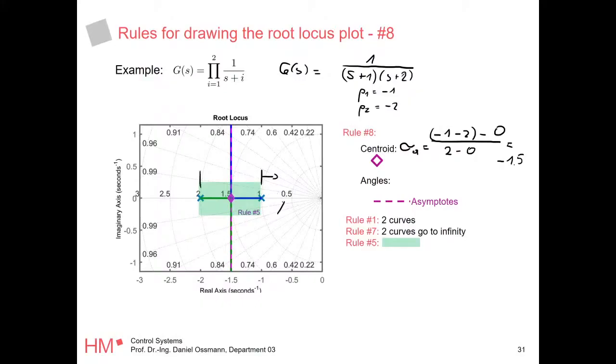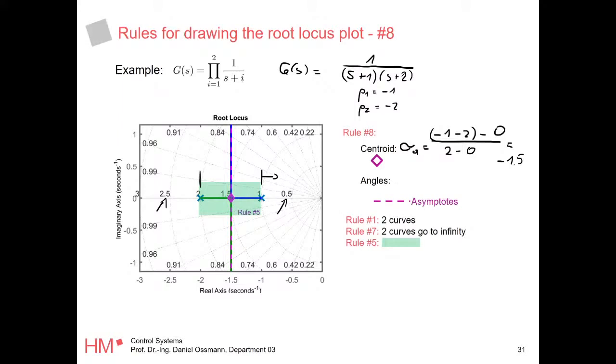In this green one, if you would take this point here on your right, you have 1 pole, so it's an odd number, and this is why this line needs to belong to the root locus curve.